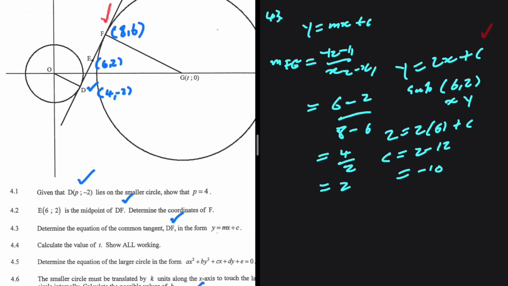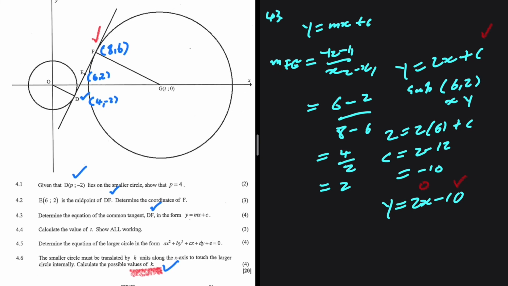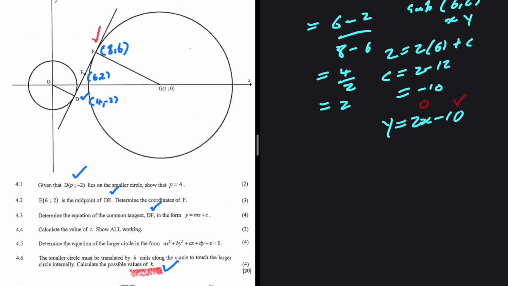So we have y equal to 2x minus 10. It makes sense because when x is 0, y is equal to minus 10, which is the y-intercept. Okay, that is 4.3.